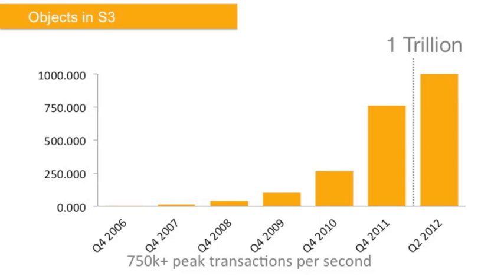Another statistic of the scale that we operate at. Objects in S3, our simple storage solution, have recently surpassed 1 trillion. An object being a technical asset of 1 byte to 5 terabytes in size. And S3 is a platform that stores these objects at 11 nines of durability.